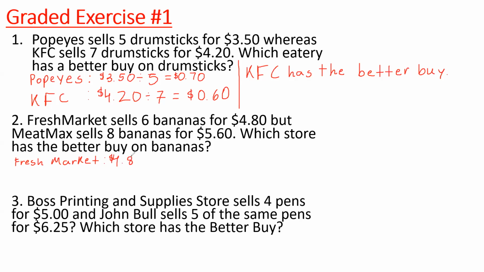I got 0.80. So you got 80 cents, right? Yes, sir. Okay, so it's 80 cents. Now for Meat Mark, what did you get? I got 70 cents for Meat Mark. How did you get that? I did 5.60 divided by 8, and when I divided that, I got 70 cents. So Meat Mark is $5.60.